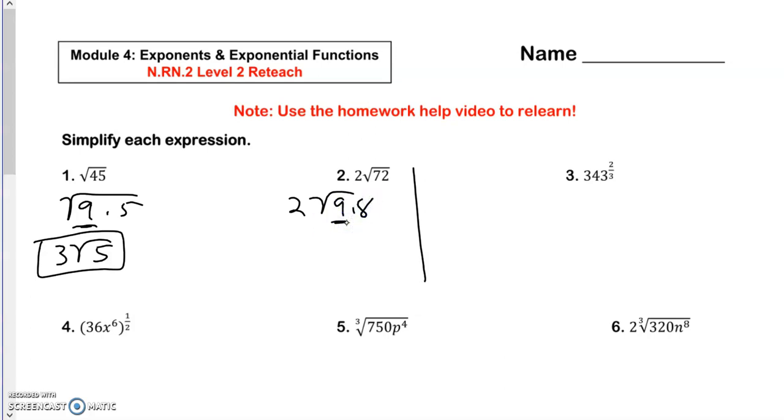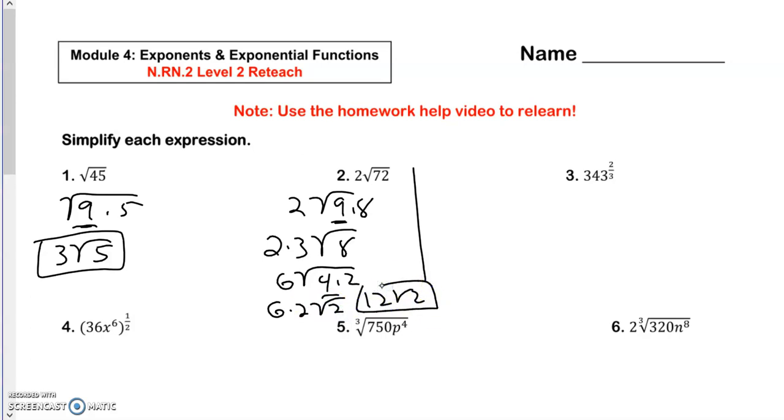And then you take the square root of 9, which would be 3, 2 times 3 square root of 8. But this 8, there's something perfect in 8. You can't have that. So this would be 6, and then I know it's 4 times 2, and that would get me a 2, so it would be 6 times 2, so that would get me 12 square root of 2. Now, that's the scenic route.